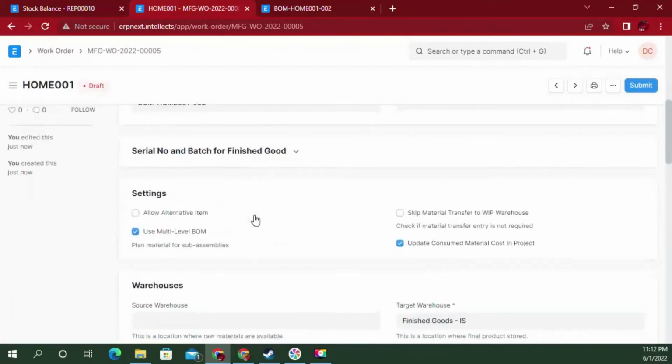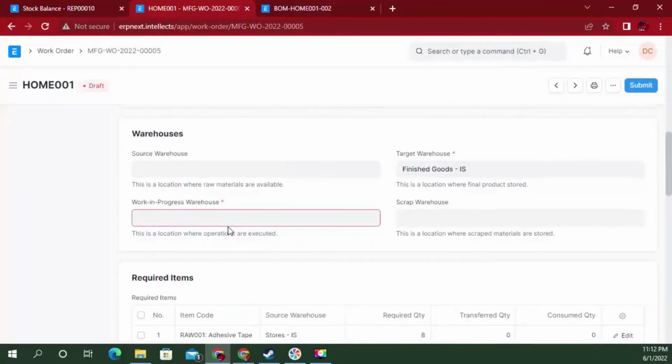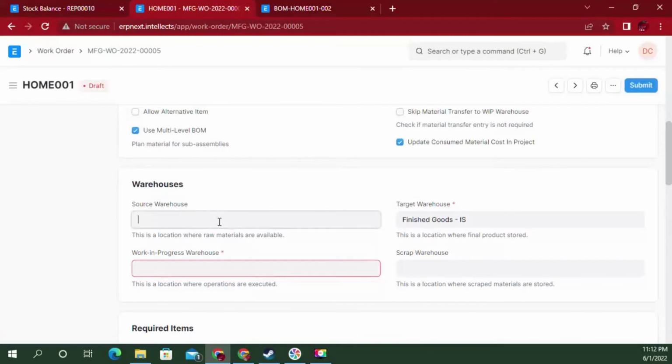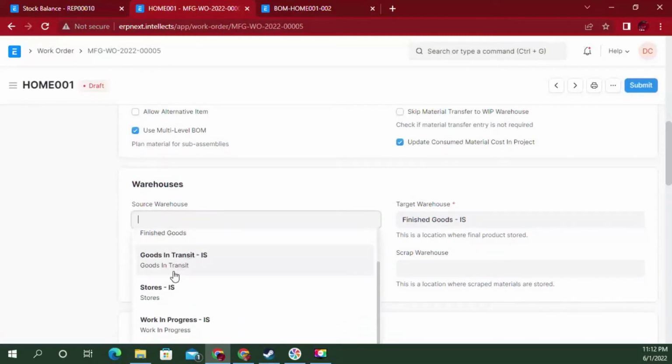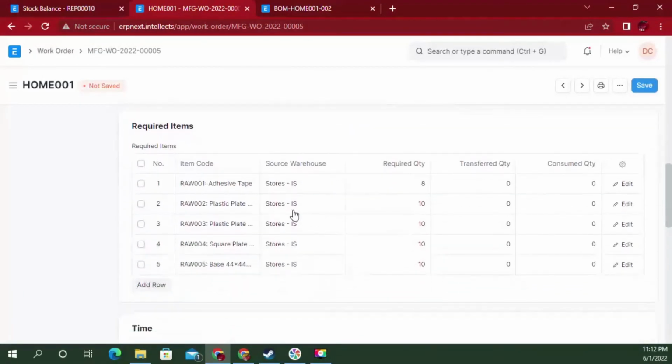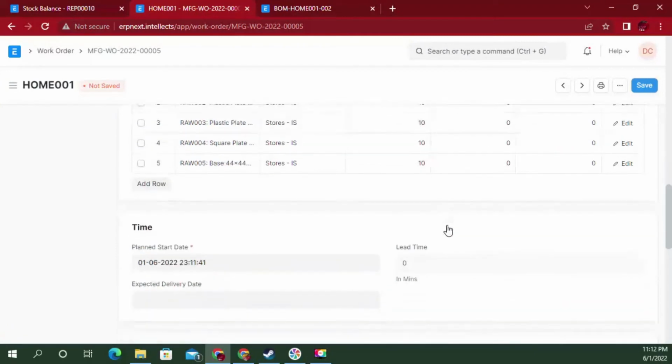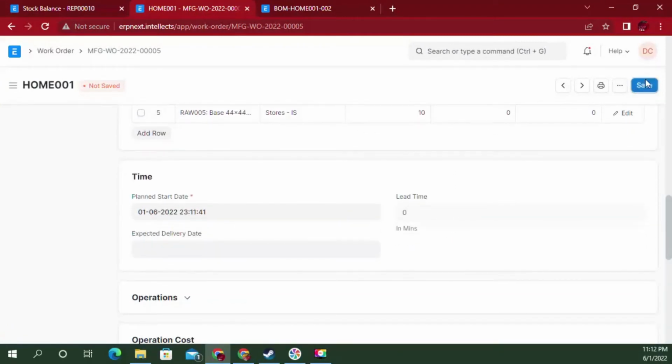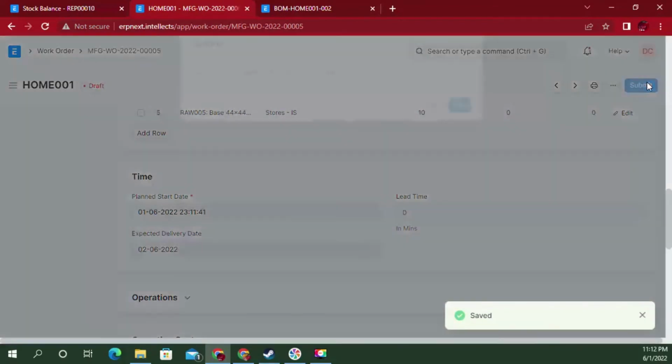Here the work order, the source warehouse comes from the store work in progress. Here we are, so we do it again with the required quantity, which is the new BOM already. Okay, so I just follow this operation.